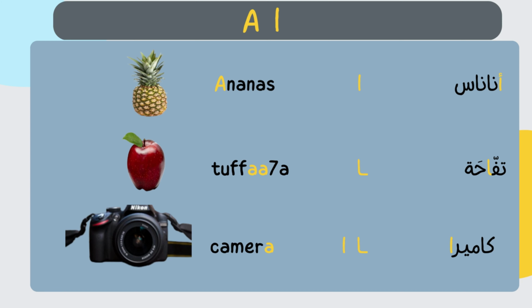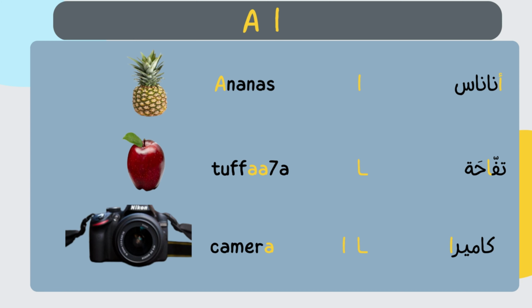That's why it has the same shape like the main letter, just a stick, A. Then in the middle, it connects only from the right side, so it has the shape of L in English, L letter. In the end, it's either connected or separated depending on the letter before. And with our example here, camera, it is separated because the letter before doesn't connect.